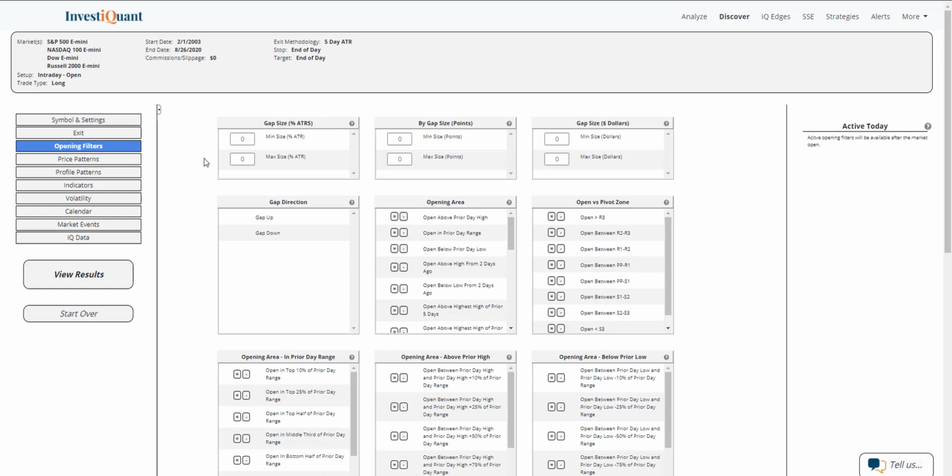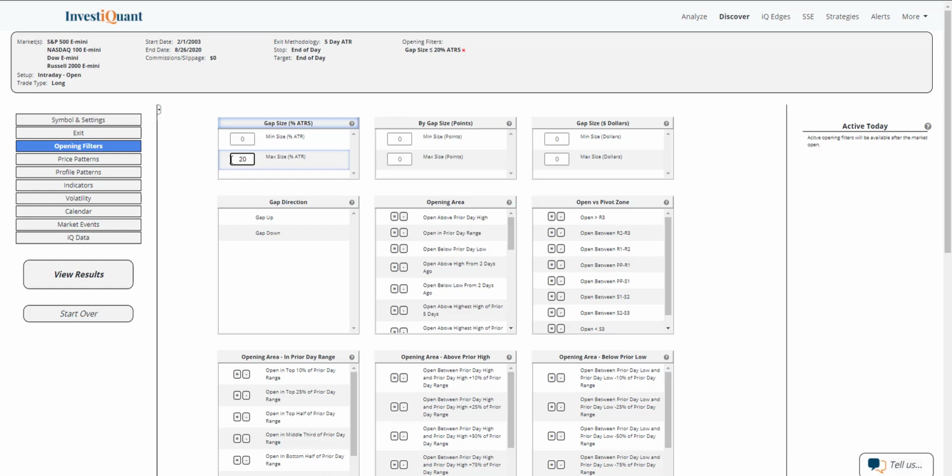The way I can describe it is to say that the maximum gap size is 20% of the 5-day ATR in either direction. Currently the 5-day ATR is about 29 points in the ES, so 20% of that is around 6 points or so. So a gap in either direction of 6 points is what that would translate to today. I can make this number whatever I want in the opening filter section.